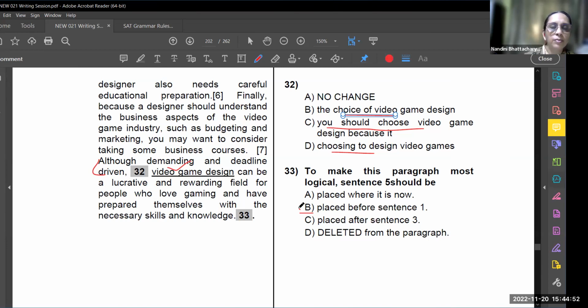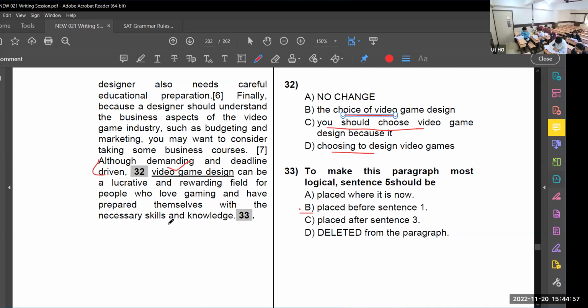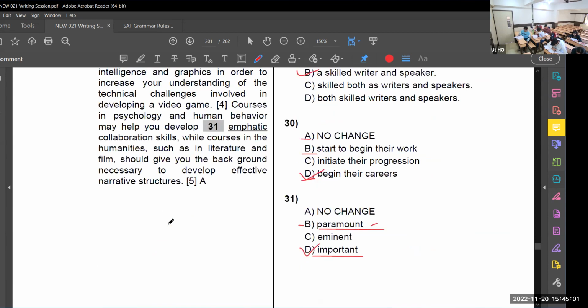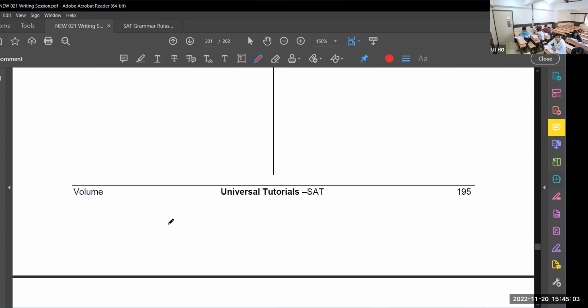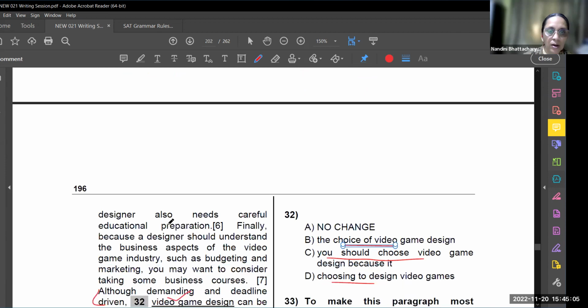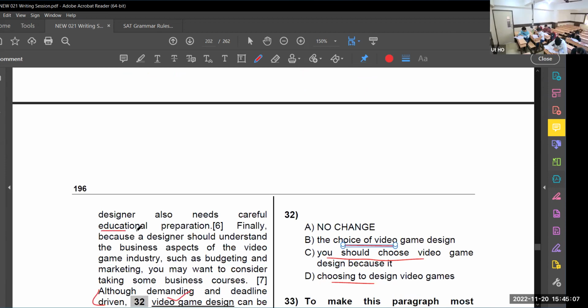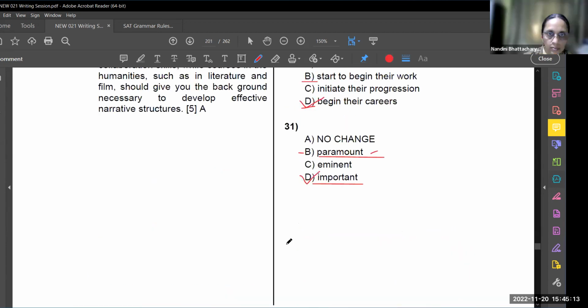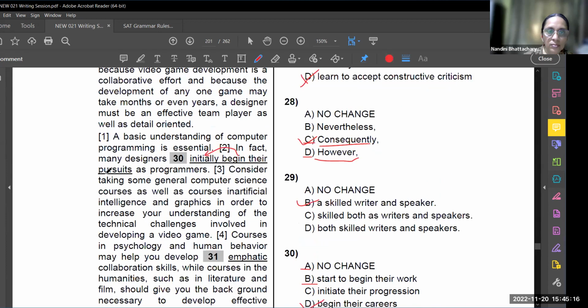You're too far from the mic. Yes, please. Because the sentence 5 states that a designer should also need to be careful about educational preparation. And from sentence 1, it tells that a basic understanding of computer programming is essential. So computer programming is part of getting education.